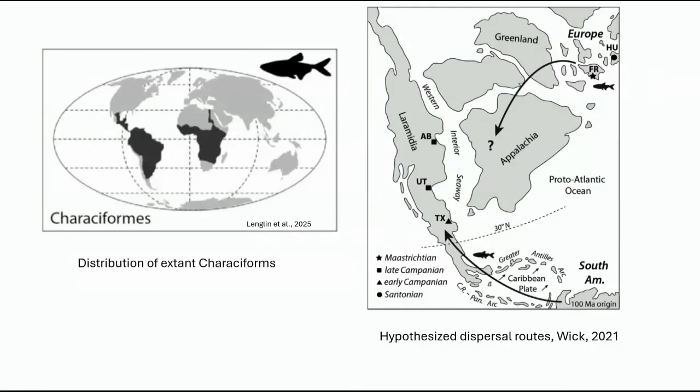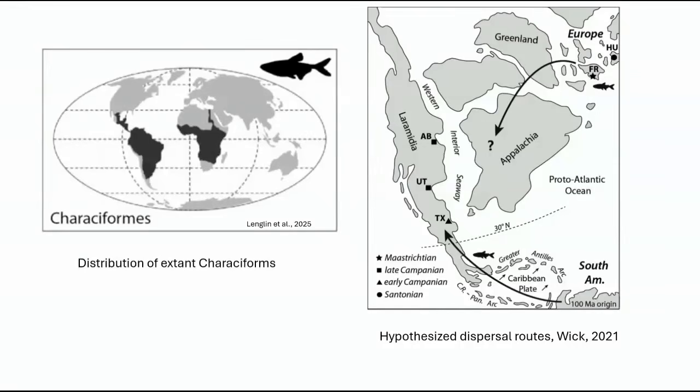Everybody who works on characiforms agrees that if they're in North America, they must have dispersed there from the Southern Hemisphere. So again, evidence for a faunal change in the Turonian that involves dispersal from the Southern Hemisphere into Laurasia. And when Mike Newbury and a subsequent author, Steve Wick, looked at this question of dispersal, the routes they considered were somehow from South America or from Europe into Laurasia.